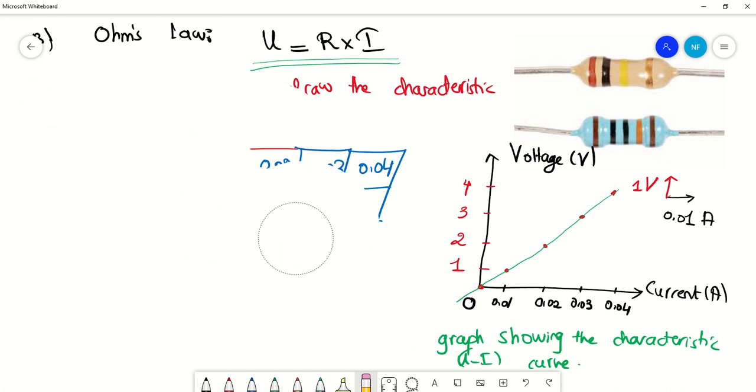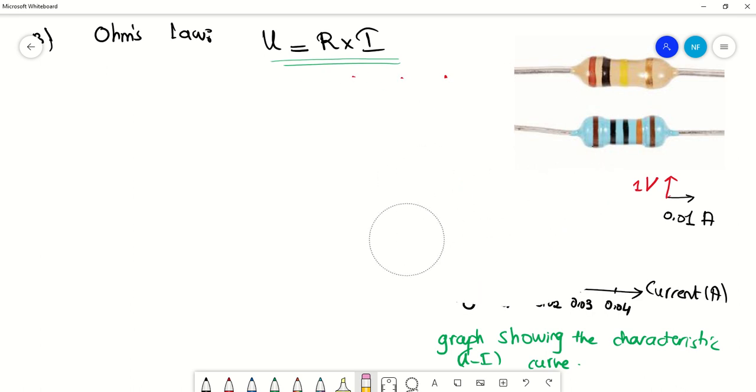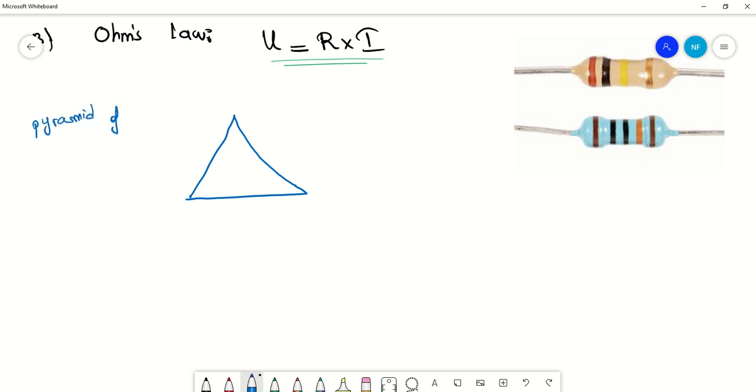I want to add just a point before moving from Ohm's law to another thing. Sometimes I'm asked to calculate the voltage, sometimes the resistance, sometimes the current. That's why we have to understand the pyramid of Ohm's law, which is very simple and facilitates the calculation.